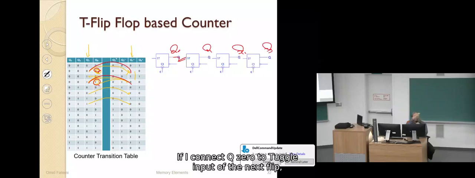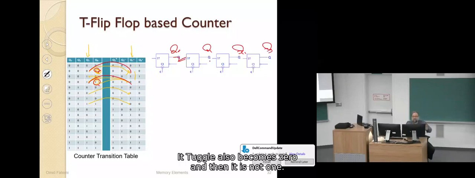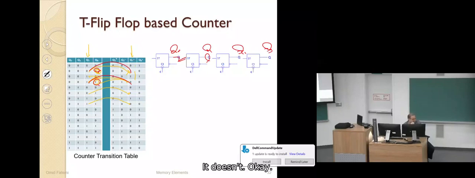When Q0 becomes 1, it toggles. So Q1 also becomes 0. And when it is not 1, it doesn't. Okay? Good? Agree? Any objection?